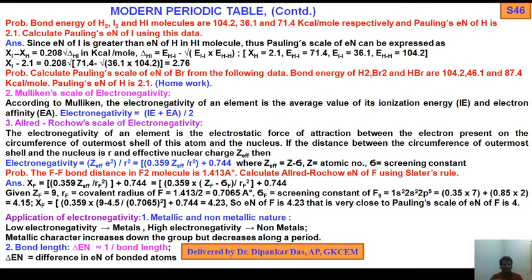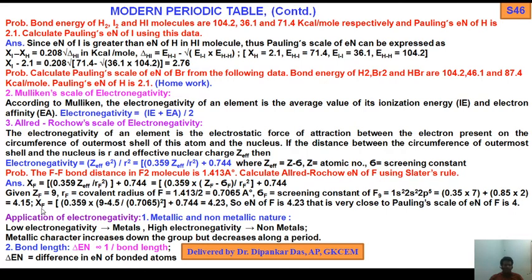So electronegativity chi F equals 0.359 Z effective by r squared of F plus 0.744. This is the final expression of the Allred-Rochow scale.